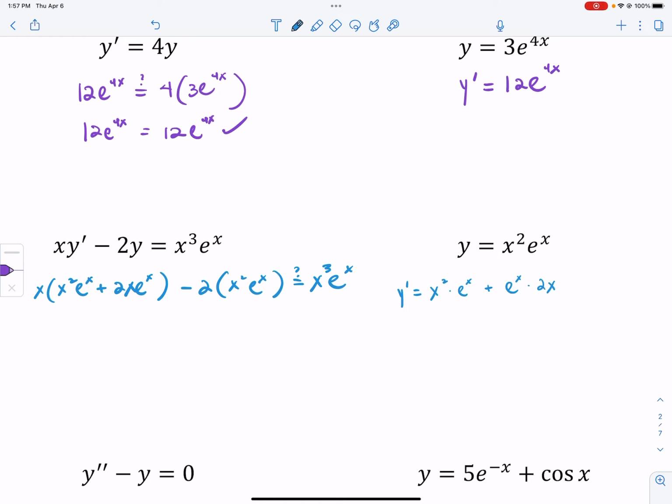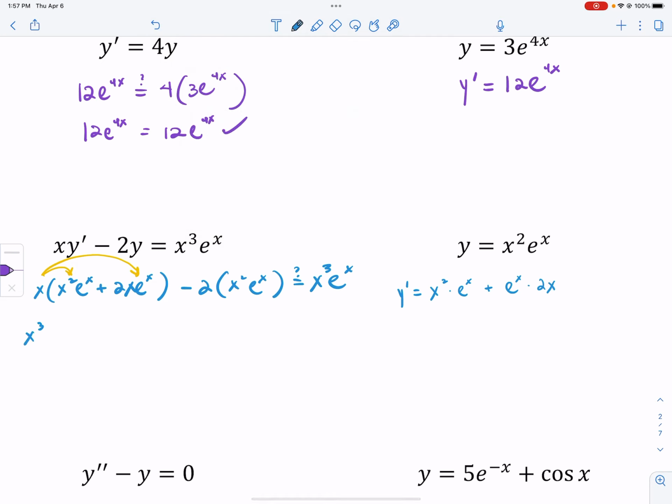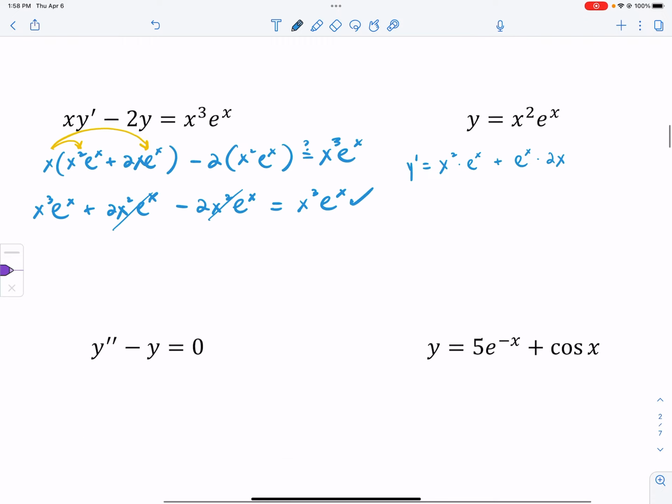If we distribute this x, then we will get x cubed e to the x plus 2x squared e to the x minus 2x squared e to the x. And yes, it's going to be equal. We could see that because the 2x squared e to the x terms would cancel, leaving us with x cubed times e to the x on each side. So yes, that is a solution to the differential equation.